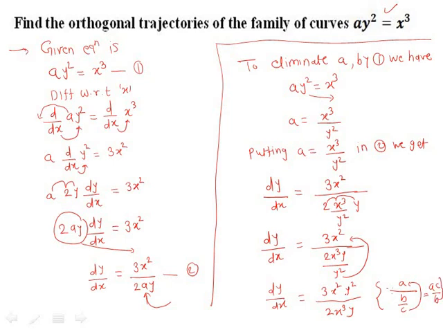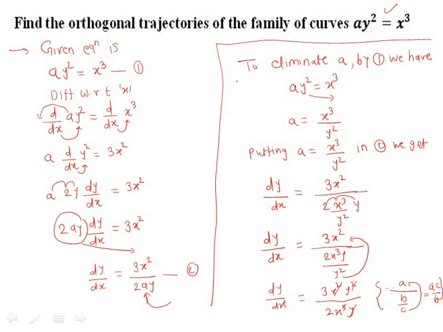Now we will see if there is any cancellation here. Here x square will get cancelled from x cube, and one y will get cancelled from y square. In the numerator the remaining terms are 3 into y.